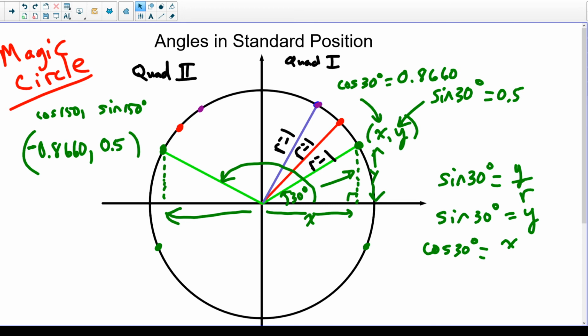You can use your calculator if you don't know what the sine and cosine of 45 degrees are. Same thing for 60 degrees. But we're going to come back to this and talk about it a little bit more. There is one more slide for today, but that's enough for today. We did a lot of work today. Okay? So if you need to watch this video again, whatever you need to do to get comfortable with that circle, that's what you need to do for homework.